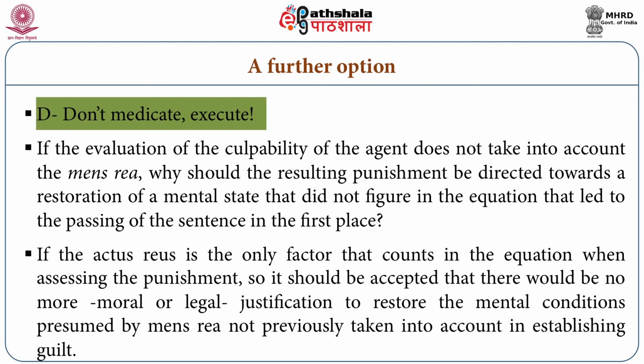We're putting this person to death because of what he did, not because of what he intended to do. And consequently, why do we need to raise his level of mental capacity to such an extent that he understands what he did? The actus reus is important, so this is an argument for a fourth alternative: don't medicate, but do execute.